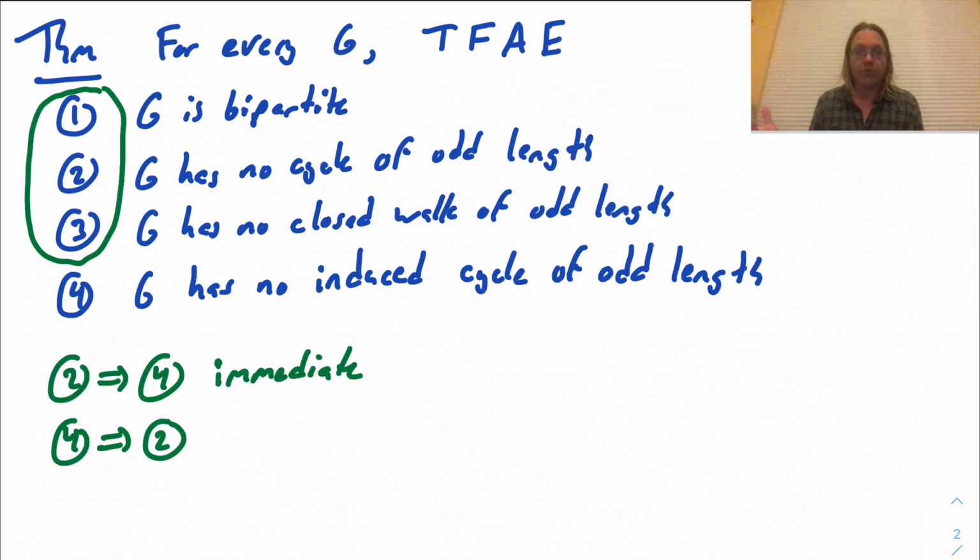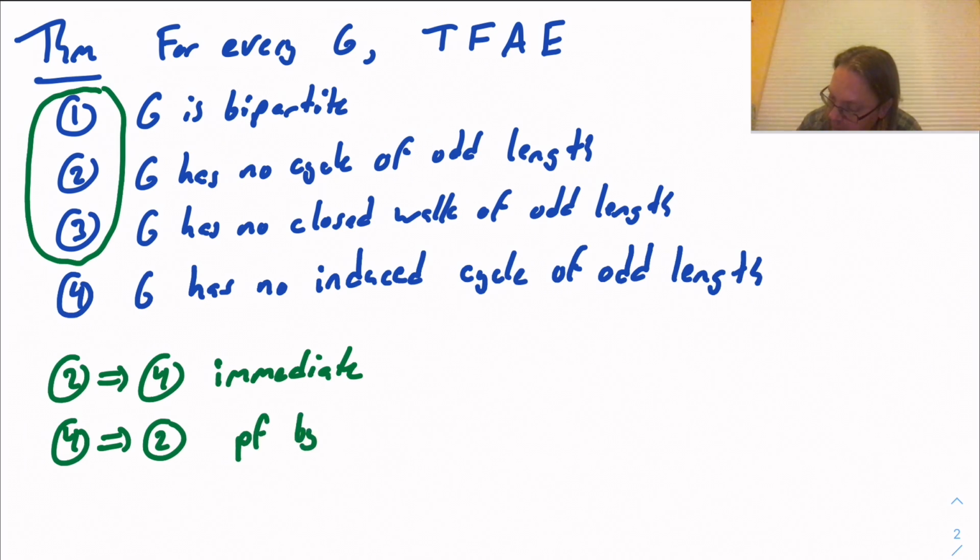Now I want to take advantage of that to prove that in fact you do not have any cycle of odd length. But once again here, if you say contrapositive, this suddenly becomes a nicer expression. So to prove 4 implies 2, the contrapositive is not 2 implies not 4. So I'll just write it out again.